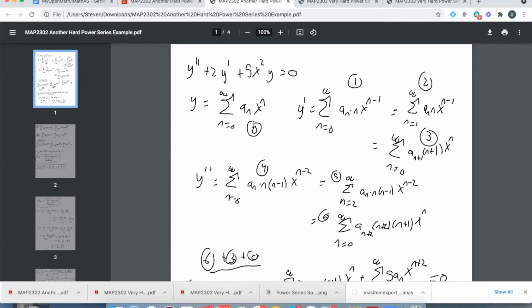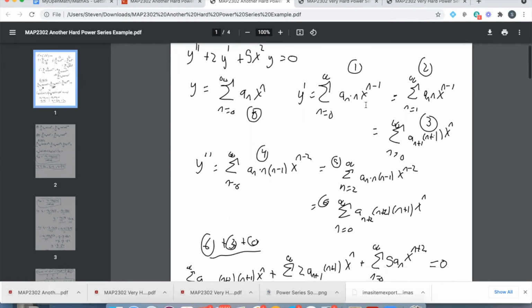I call that equation 0. Here's my derivative. And I played the normal game of, well, the first term is 0, so I might as well start at 1. And then let's make these x to the n. So let's raise everything here up by 1. We counteract that by dropping this starting point down by 1.